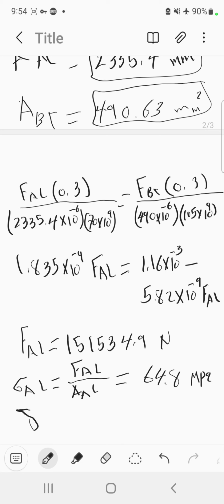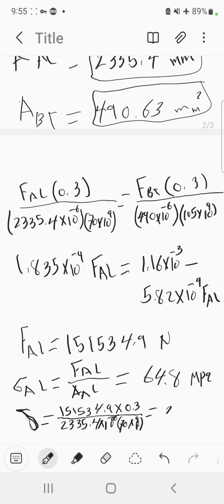And for the second thing, we need the total delta, the change in length. So you can put these numbers: 151,534.9 times 0.3 over 2335.4 times 10 to the power minus 6, times 70 times 10 to the power 9.